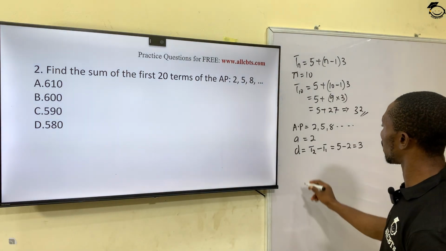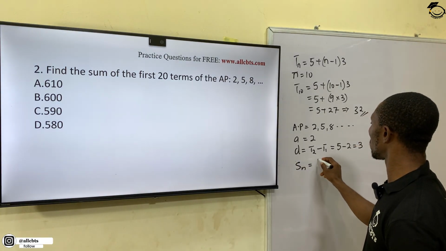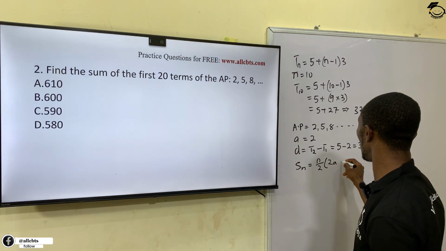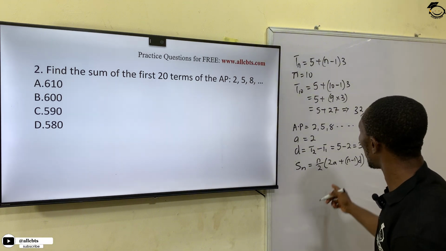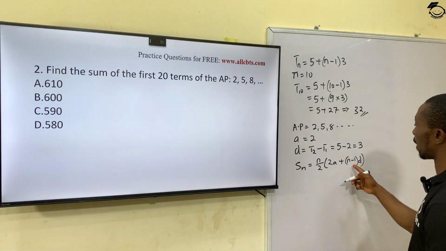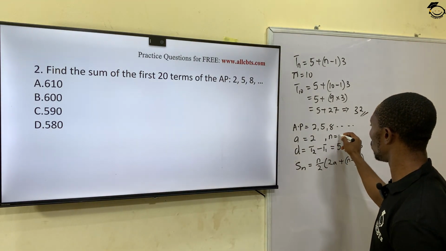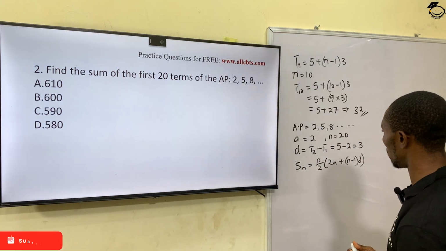Now, using our formula that says Sn equals n over 2 bracket 2a plus n minus 1 d, where a is our first term, d is our common difference, and n is the number of terms. So in this question, our n will be 20, since we're asked to find the first 20 terms.